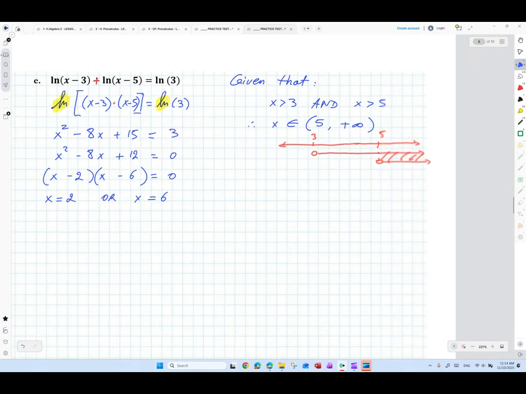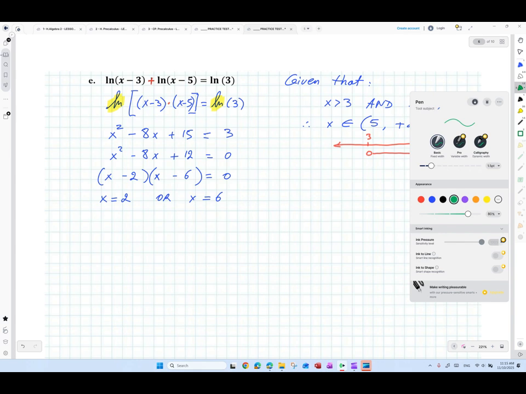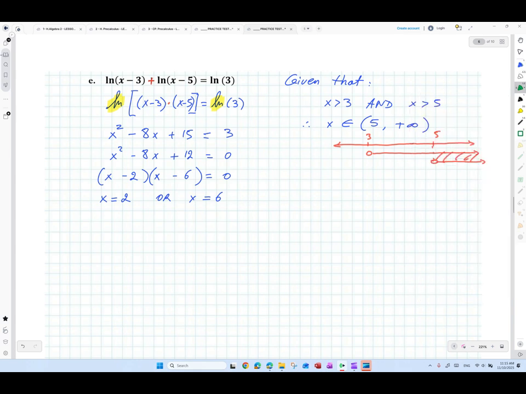But in that particular case, this is why it is important every single time to determine the domain of validity, is that 2 is here and 6 is there.